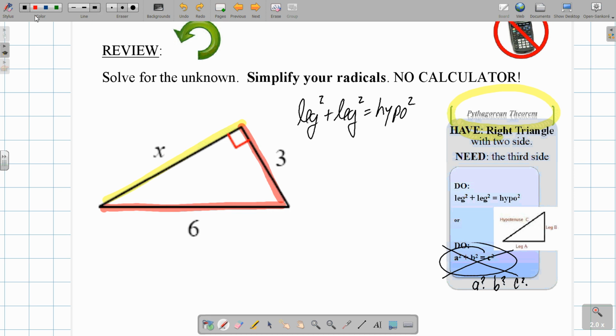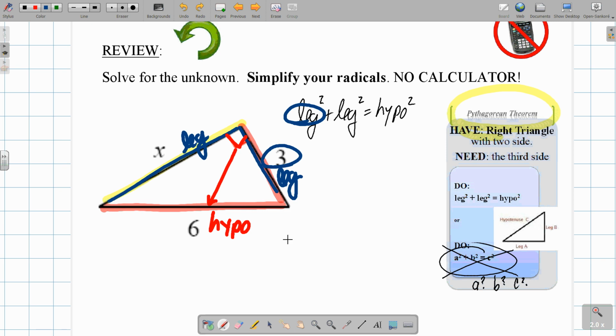So we're first going to label our 2 legs connected to the right angle. That's one leg. That's the other leg. And then the hypo is always across the right angle. That is your hypo. Now that you've labeled, let's circle, plug, chug.